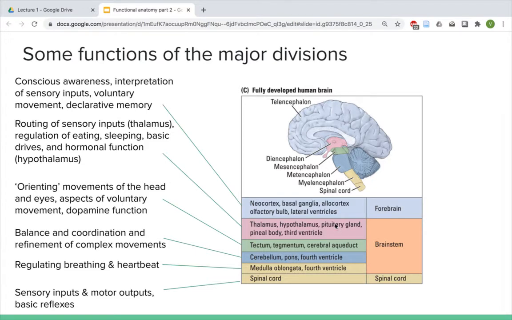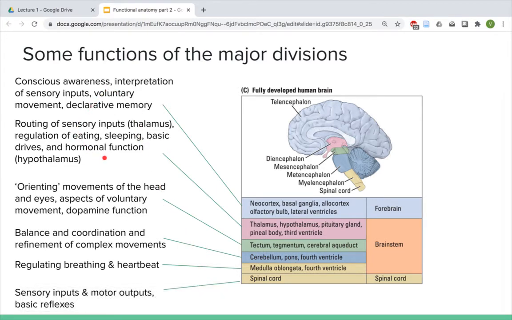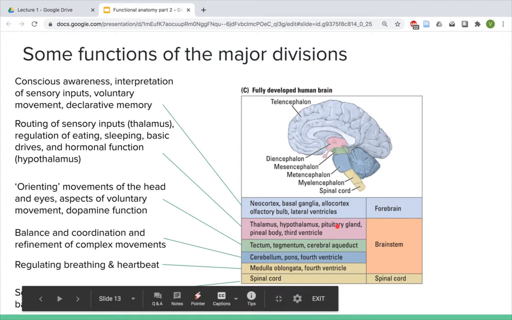And these all have different functions. The thalamus, for example, is responsible for the routing of different kinds of sensory information. The hypothalamus is important for regulating some of our basic drives, like eating and sleeping. And the pituitary gland regulates some of our functions related to hormones.